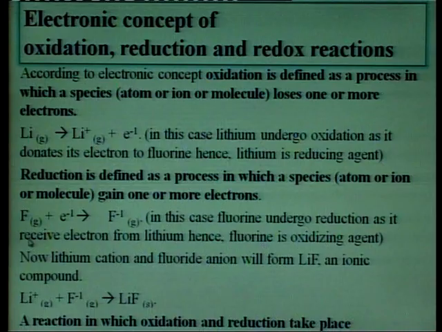In the previous example, fluorine gas accepts an electron and converts itself into fluoride. In this case, fluorine undergoes reduction as it receives an electron from lithium, hence fluorine is an oxidizing agent. Remember, this transfer of electrons can take place easily when the elements combine with each other.